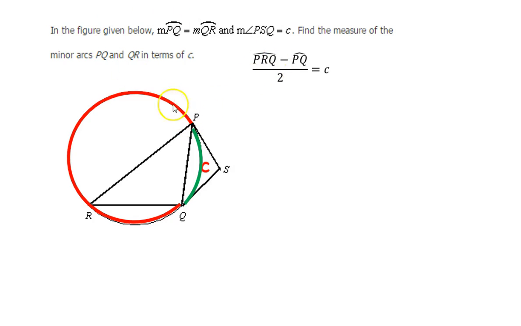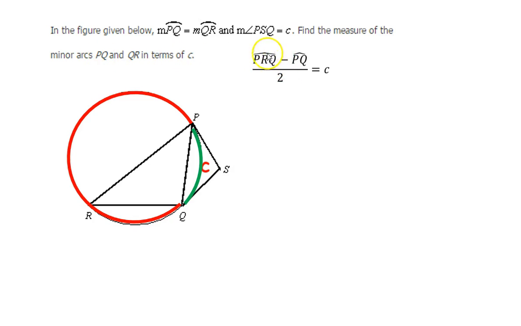We have arc PRQ, this arc right here, minus arc PQ, divided by 2, equals C. This formula comes from the fact that this is the measure of an angle that is outside of a circle. The angle right here is clearly outside the circle. This angle measure has to be equal to the difference of the two intercepted arcs, which I have highlighted here, divided by 2. But we want to find PQ and QR in terms of C.